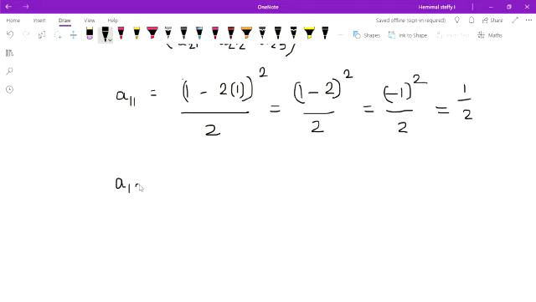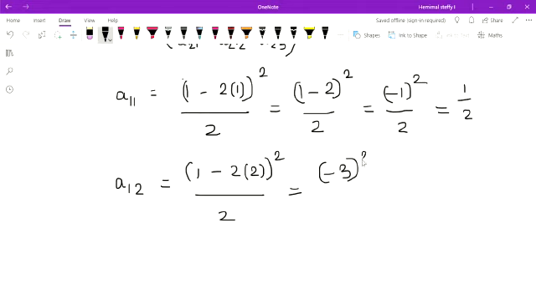So here i is equal to 1, j is equal to 2. 1 minus 2 2s are 4. 1 minus 4 gives minus 3, whole square, divided by 2. Minus 3 whole square is 9. So 9 by 2.